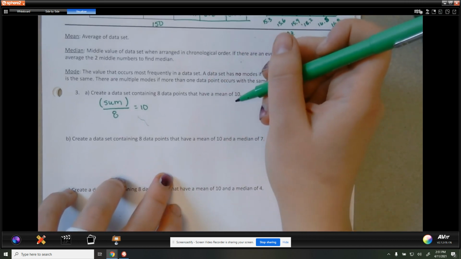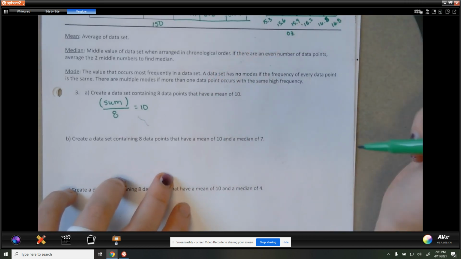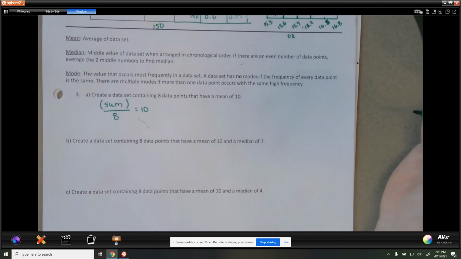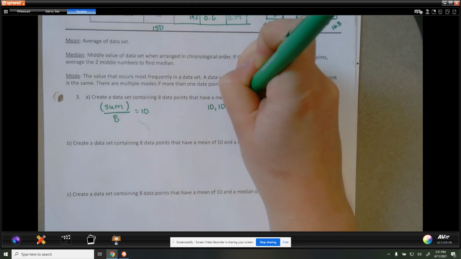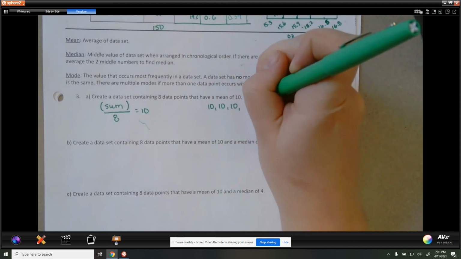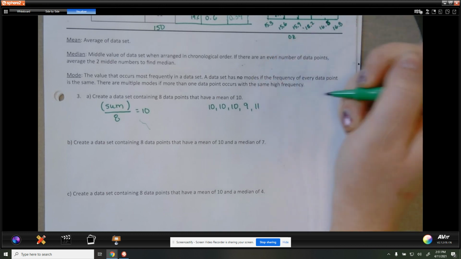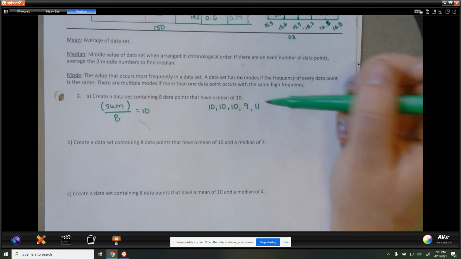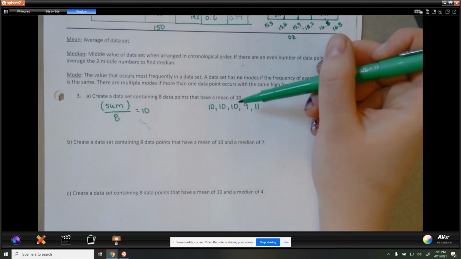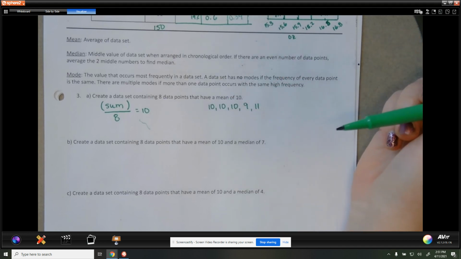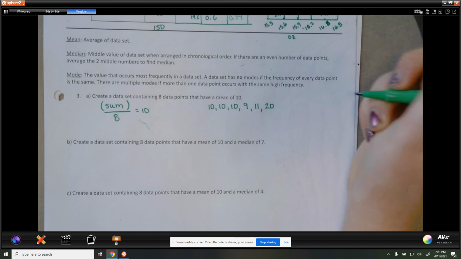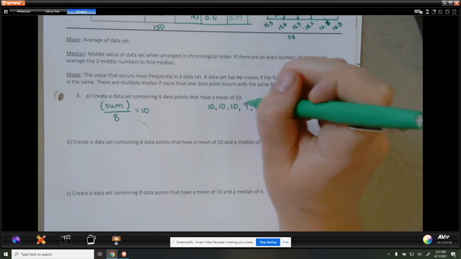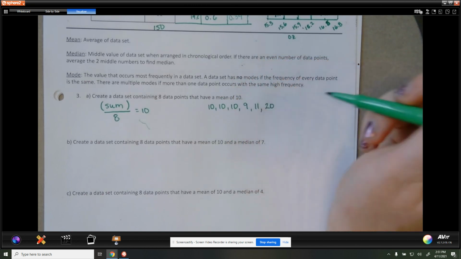So here we go. I could do straight tens. That would be a really easy way to do that, but it's however, whatever way you want to do this. If you want to get more creative, I'm honestly just going to make all these 10, 10, 10. So that's 30. Let's say I did 9 and 11. That's 20, 30, 40, 50. Let's say I had 20. So 10, 20, 30, 40, 50, 60, 70.